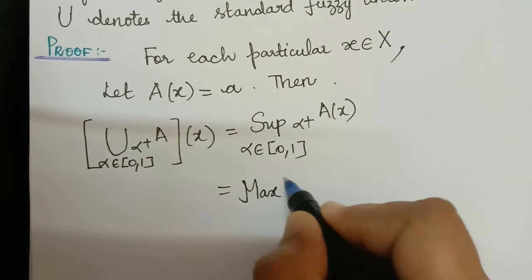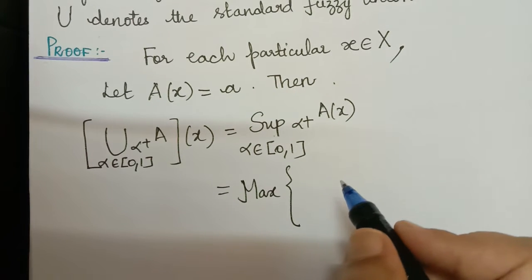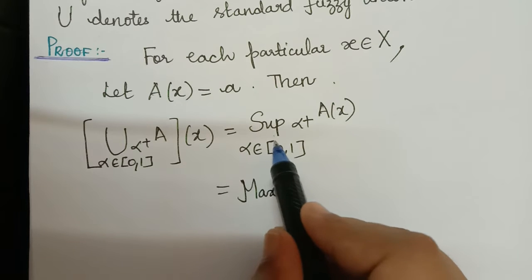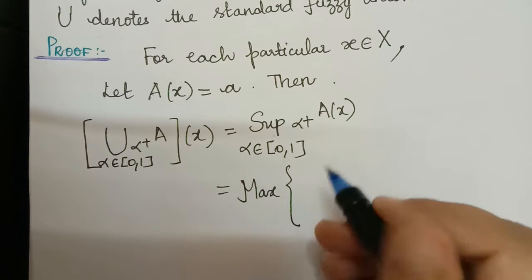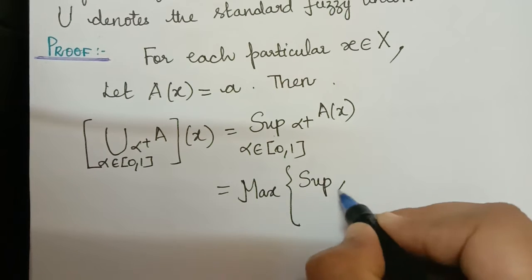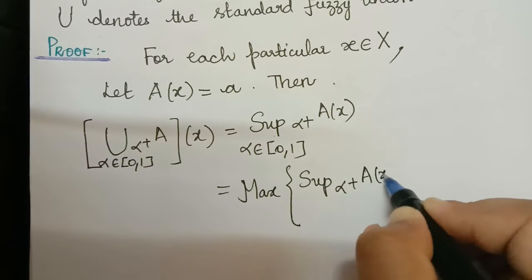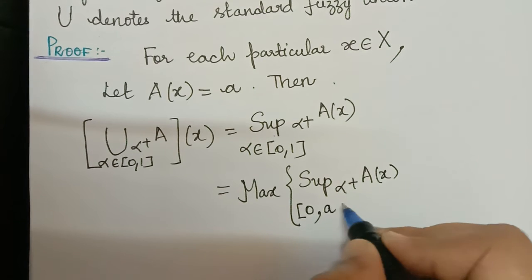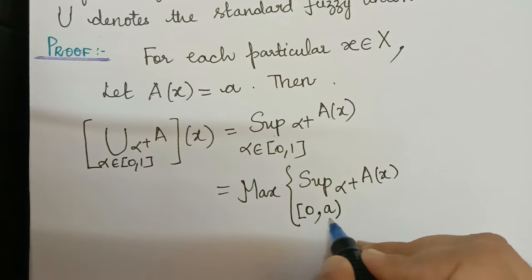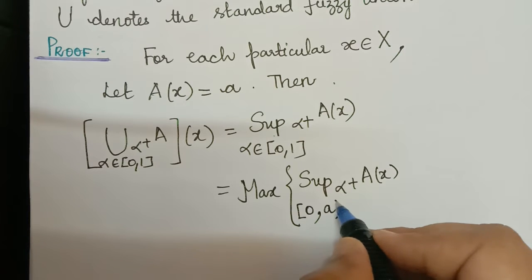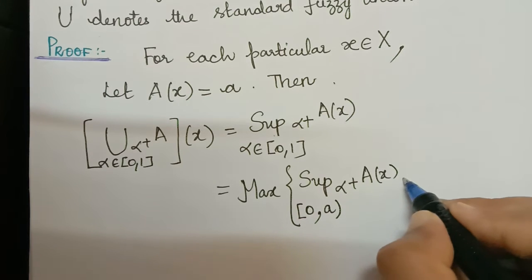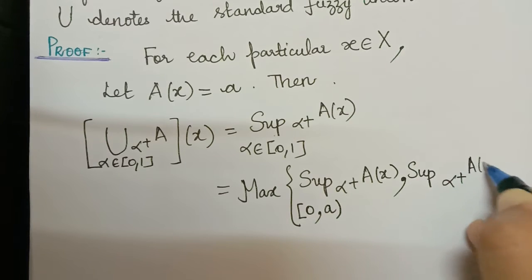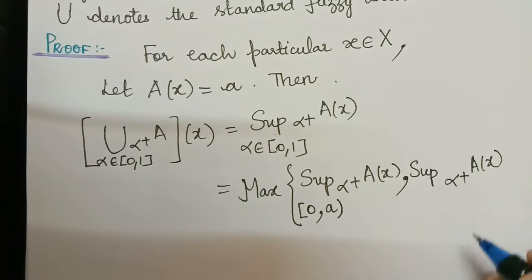We are going to split this interval. How are we going to split the interval alpha, which is in the closed interval [0, 1]? First we consider the special fuzzy set where alpha is between 0 and a, not including a, so we have an open interval over here, and take the supremum of the special fuzzy set at x with respect to the strong alpha cut.